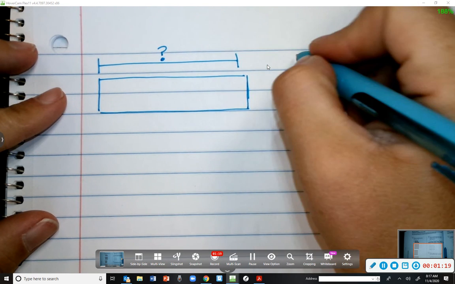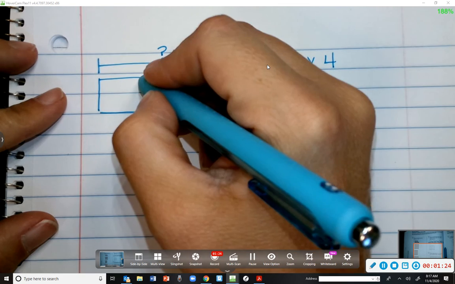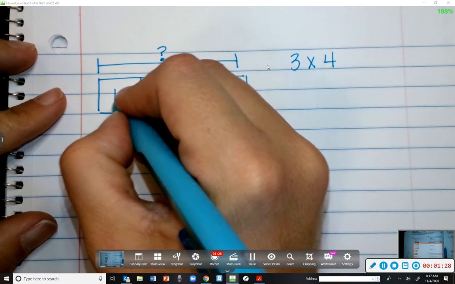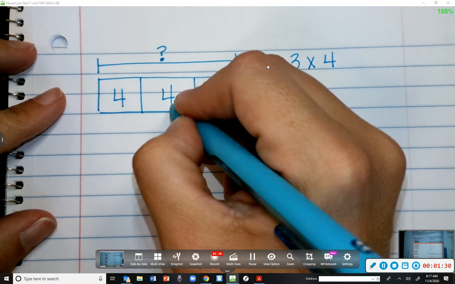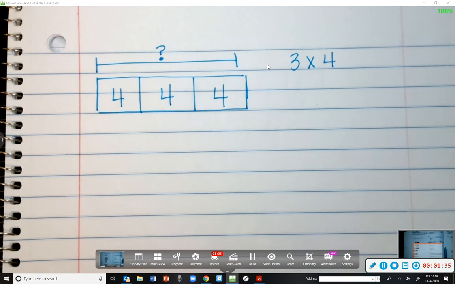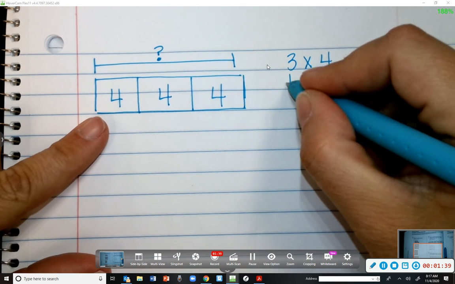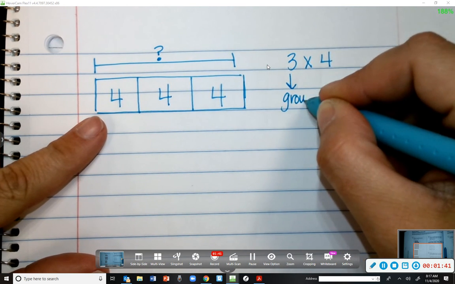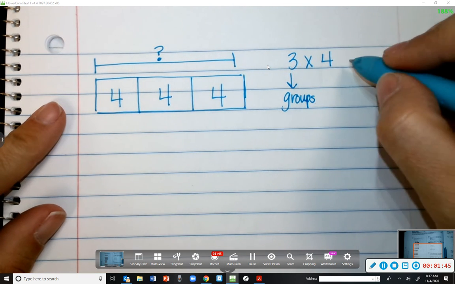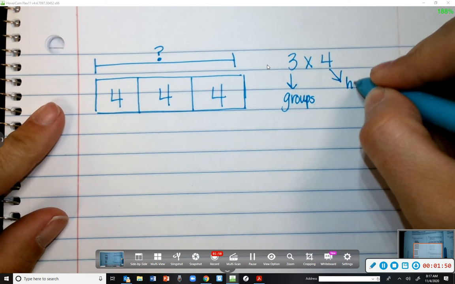Okay? And then you have the parts. So if I were to do 3 groups of 4, I would need to have 3 parts with 4 in each. Right now you don't need to be writing anything. You're just listening. We're going over this real quick before I give you a problem. But remember, your boxes represent the groups. Okay? What goes inside the box is the second factor, or how many in each group.